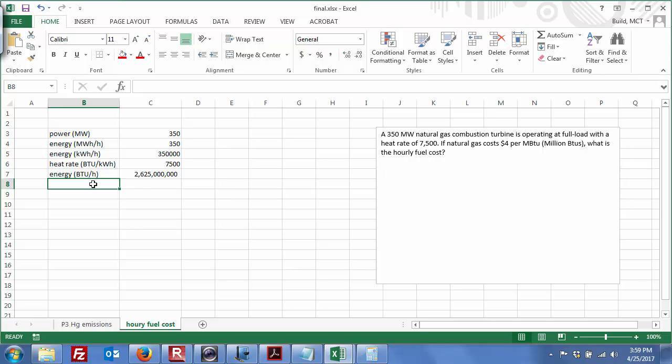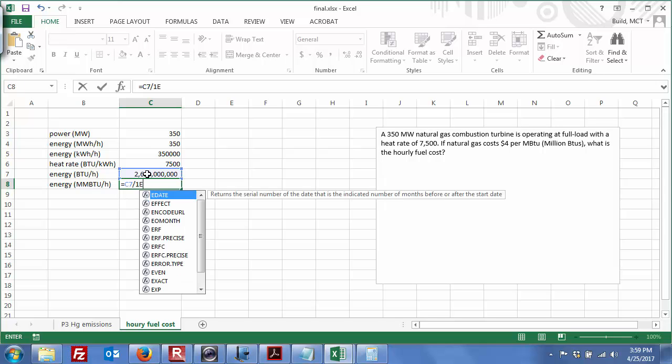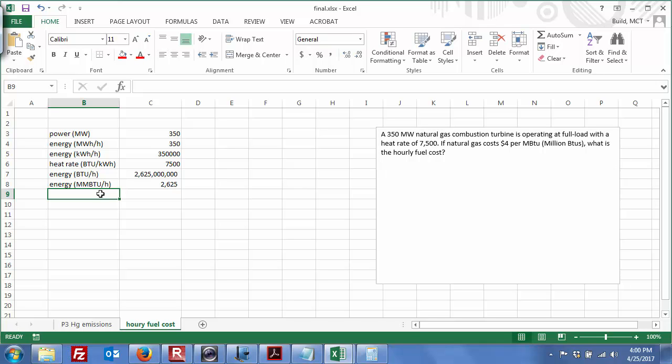Energy cost. Let's do this, energy MMBTU per hour equals that divided by 1E6. Energy cost, dollars per MMBTU, equals $4.